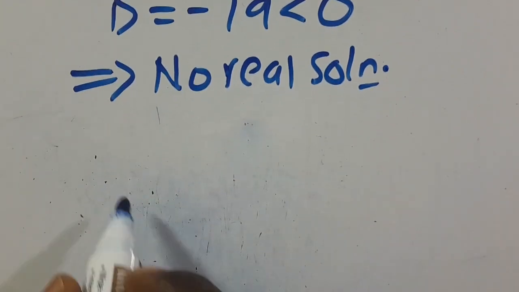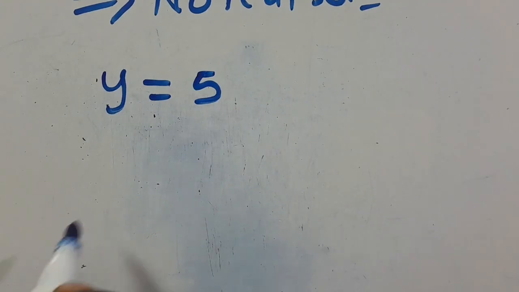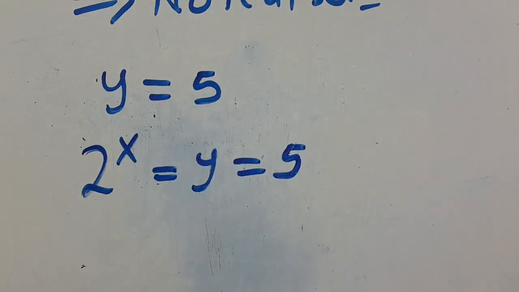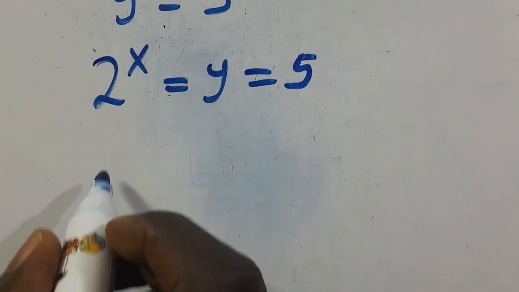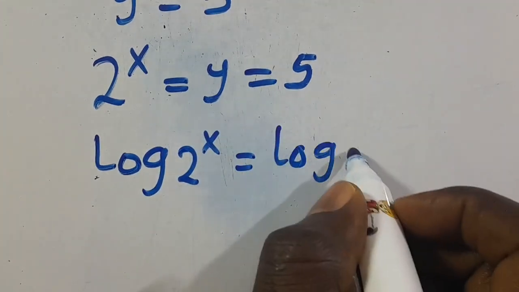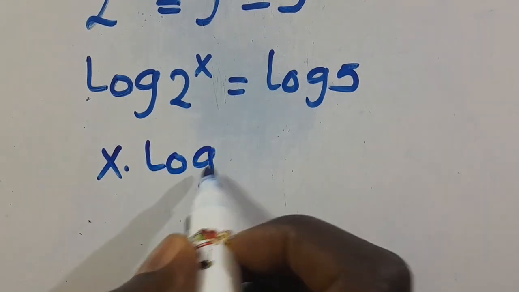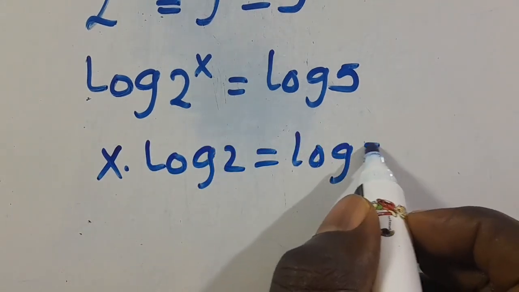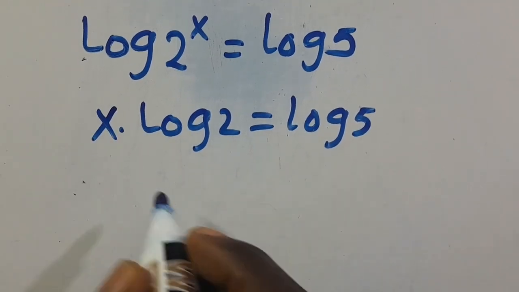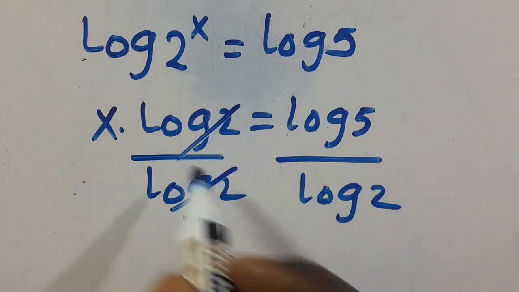Then we consider only y equals 5. But we have 2 to the power of x equals y, and y equals 5. When we introduce log, we have log 2 to the power of x equals log 5. So we have x multiplied by log 2 equals log 5. When you divide through by log 2, this and this cancel.